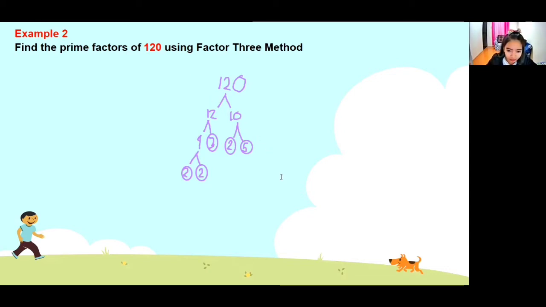Last step, write the solution, select each prime number, and express them as a product. So the prime factors of 120 are 2 times 2 times 2 times 3 times 5.